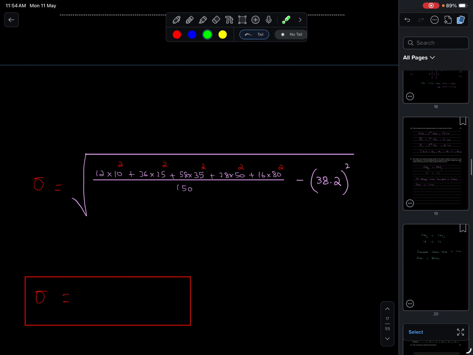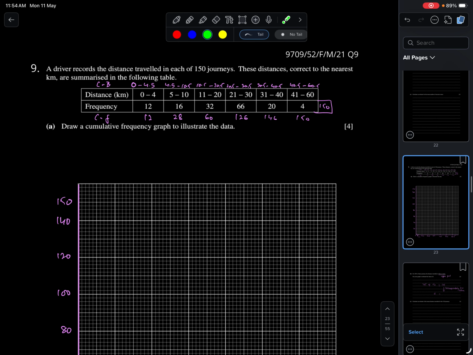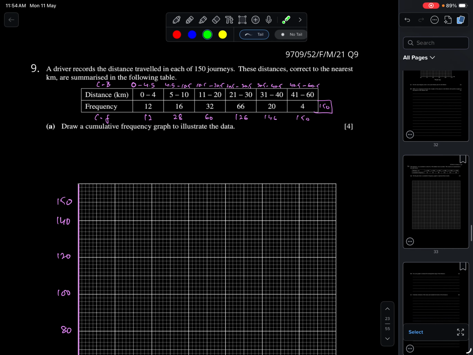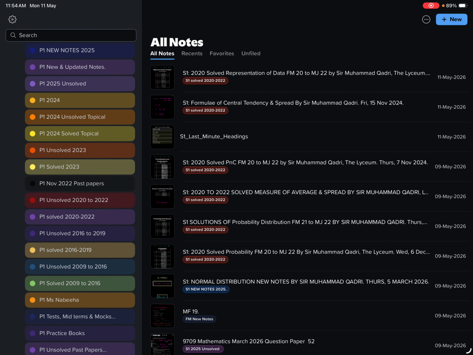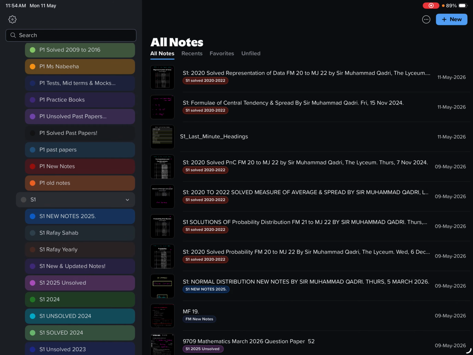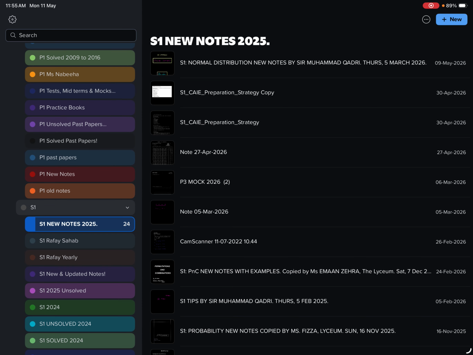Now let me check if we have discrete data here. I don't think so. There is a question in this worksheet. Let me find this from the notes. S1 notes, representation of data.